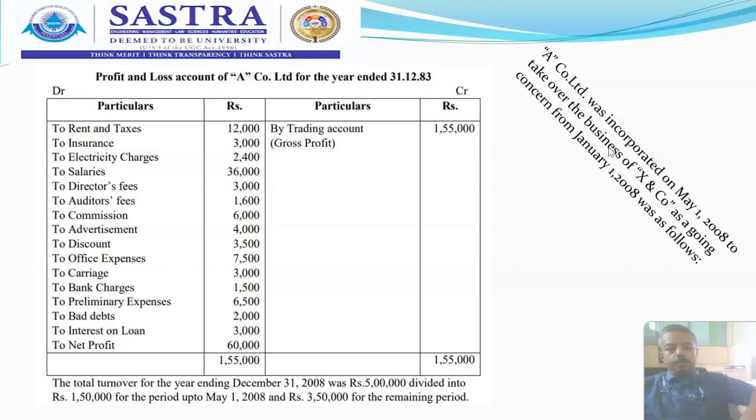The total turnover for the year ending 31st December was rupees 5 lakhs, which is not given in the statement form, but they gave it for the purpose of calculating the sales ratio, divided into rupees 1,50,000 up to 1st May and rupees 3,50,000 for the remaining period. So 1,50,000 is explicitly said to be before the incorporation.